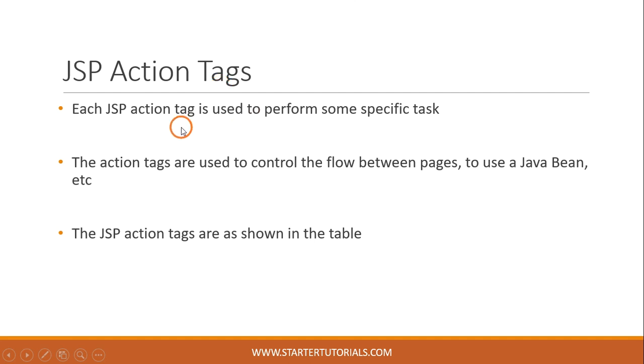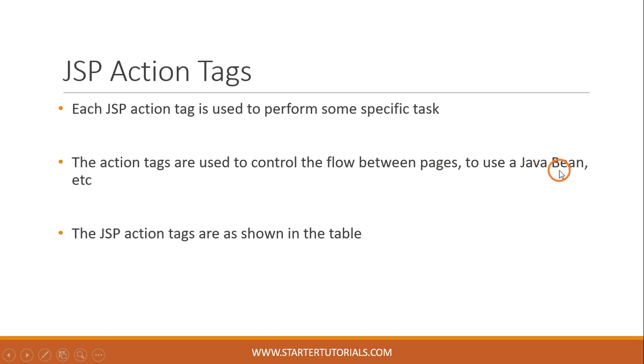The use of an action tag is to perform some specific task. For example, you want to move from one page to another page, or you want to use something called a Java Bean.